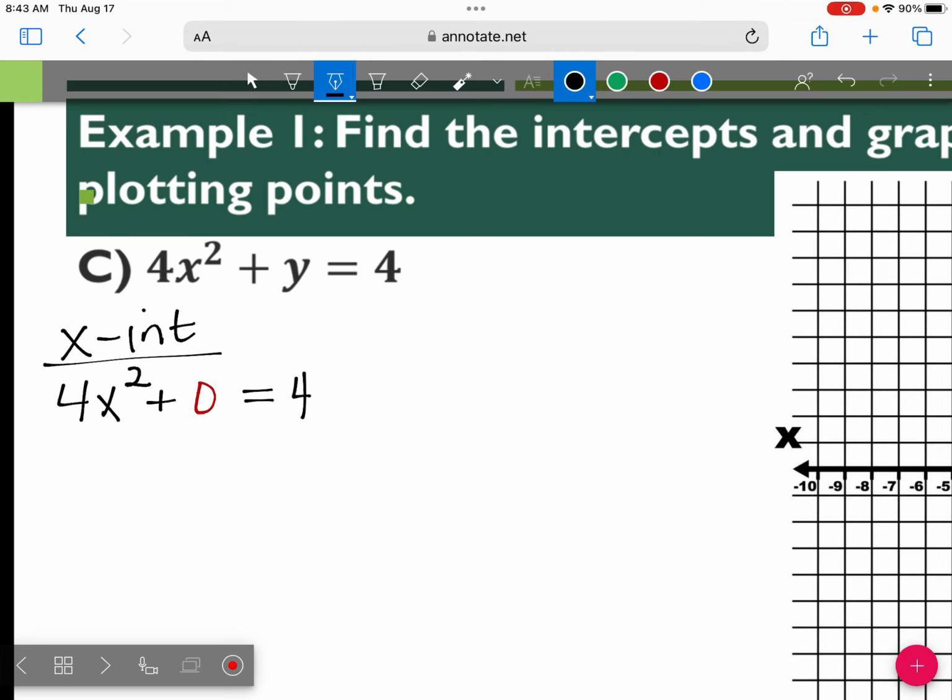No, we're graphing this one. But the next two after this, we're not graphing.